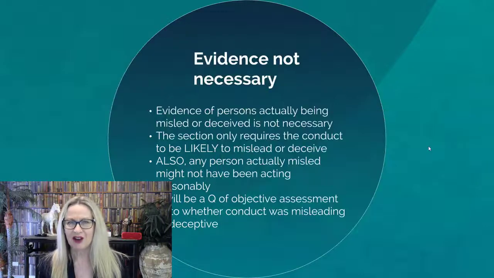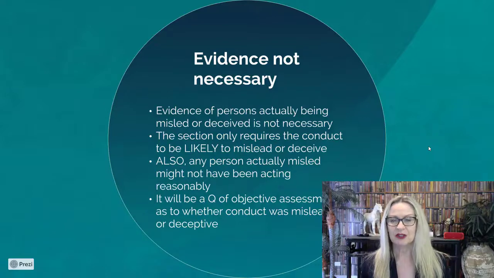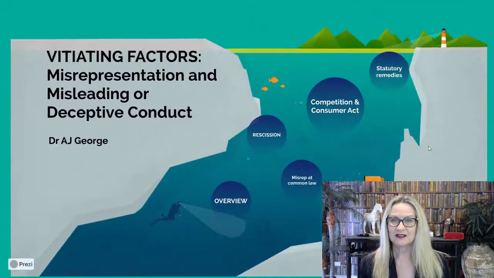Clearly, that kind of more extreme extrapolation or interpretation of events is going to be discounted by a court. So they'll engage in this objective assessment as to whether or not conduct was capable of misleading or deceiving, and indeed likely to mislead or deceive. So that's the issue of evidence, and they are the elements of a Section 18 case.